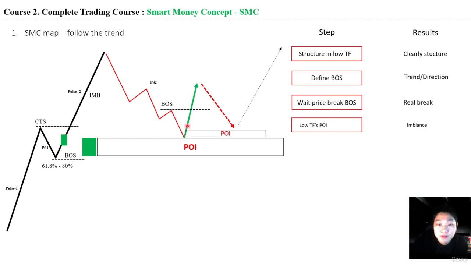First, the price comes from the first POI to break out of the BOS. If this wave also has the imbalance, that is a very strong pullback. But if this wave has no imbalance, no problem, you can still enter at this POI, but you can also select to trade when this wave has a bit of imbalance.